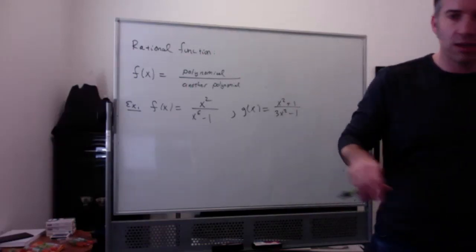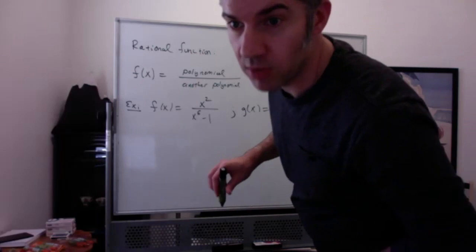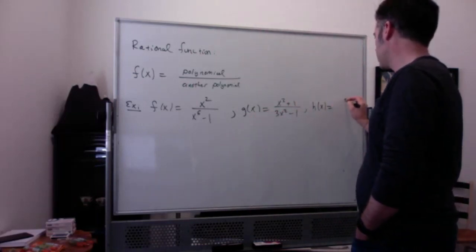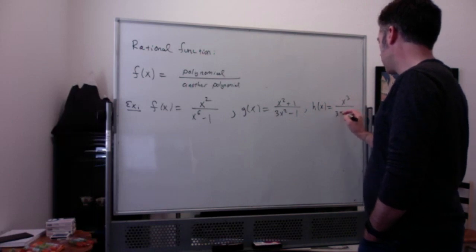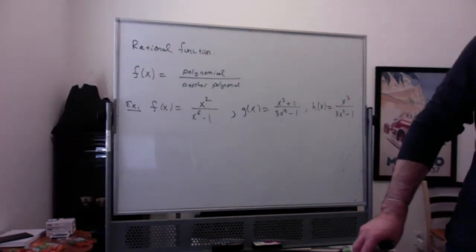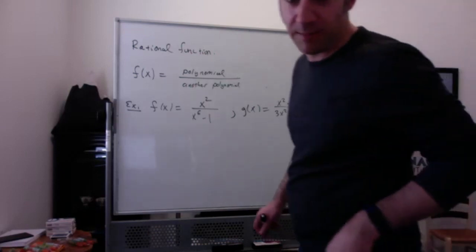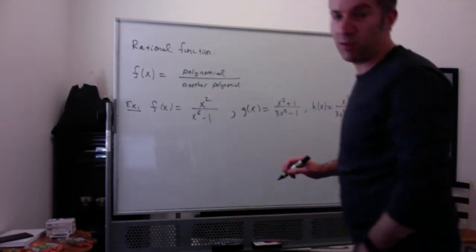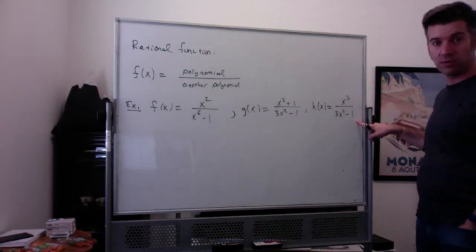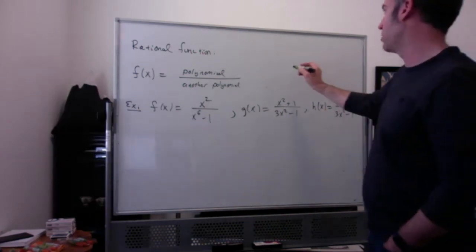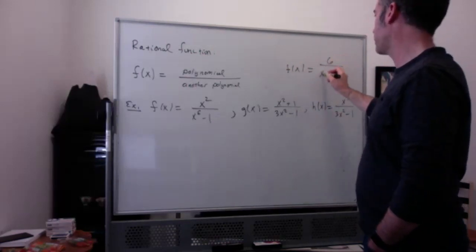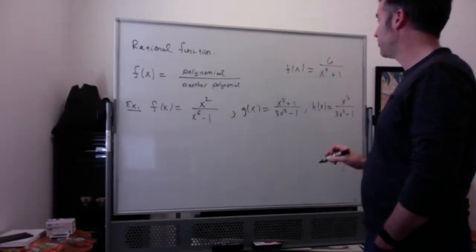And thirdly, h of x equals x cubed over 3x squared minus 1. Again, degree 3 over degree 2, so it makes a rational function. And I'll write one more, f of x equal to 6 over x to the 4th plus 1.